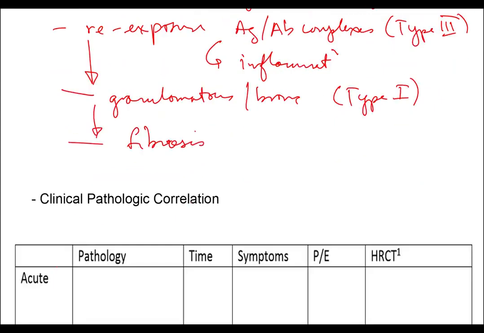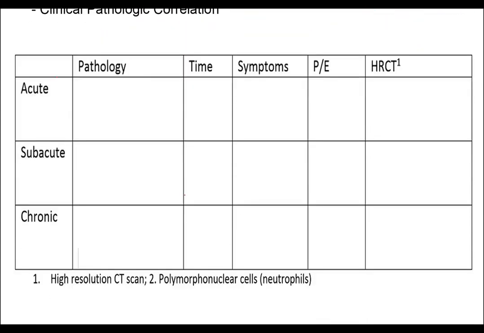Well, so who walks in the door? What's the clinical pathologic correlation? Well, you can see that we've described 3 pathologies. We've described the acute pathology, antigen-antibody complex. So that's obviously going to occur at the level of neutrophils. And so no surprise, once you get exposed to the bird feathers or the moldy hay, this is going to be a disease of ours.